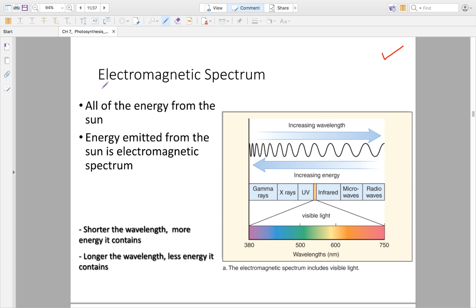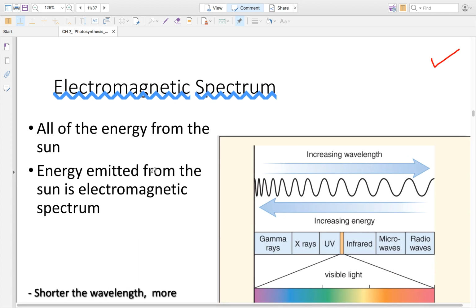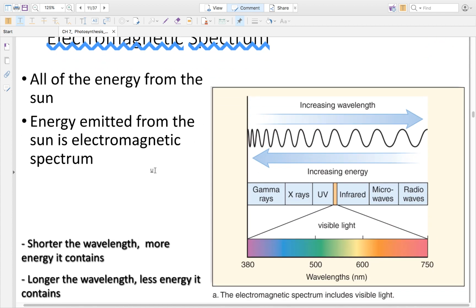Now, that energy can be measured on something called the electromagnetic spectrum, and it allows us to look at the different types of energy wavelengths and be able to measure the wavelengths, the intensity, and so on, and what type of energy is coming from the electromagnetic spectrum. Now we have different types. I'm going to zoom in on this picture and we're going to analyze it.